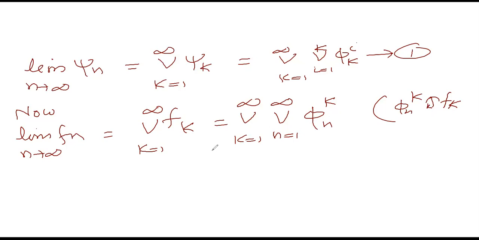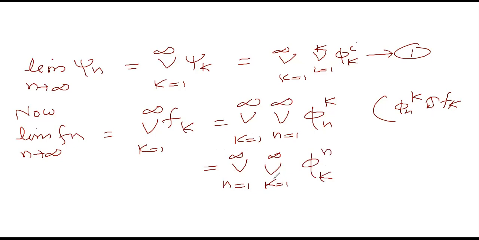Okay, so this we can interchange, we can change the values of n. We can write this as join n runs from 1 to infinity, then join k runs from 1 to infinity. We can interchange the values of k and n. It's fk.